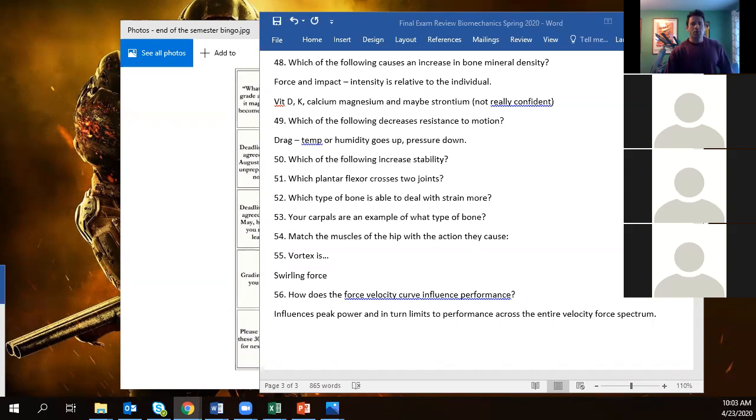Now, another question is, how are fast twitch muscle fibers different than slow twitch fibers? Their oxygen use, like their oxygen metabolism.